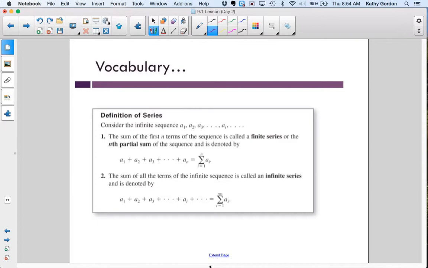But it is possible. So, if we have an infinite series, then that's going to be denoted basically in the same way as our finite series was, but instead of some n value up here that tells us where to stop, we're going to have an infinity sign up there that tells us that we're not going to stop. So we're going to keep going and going.